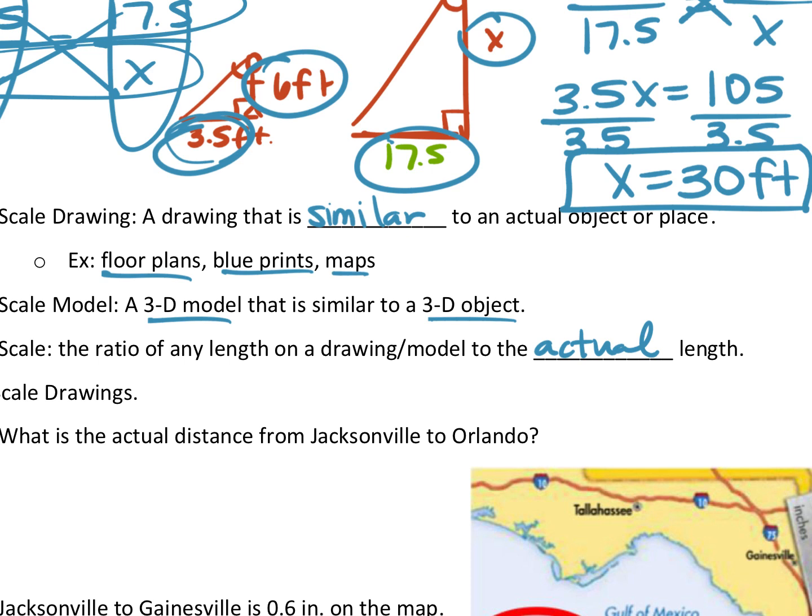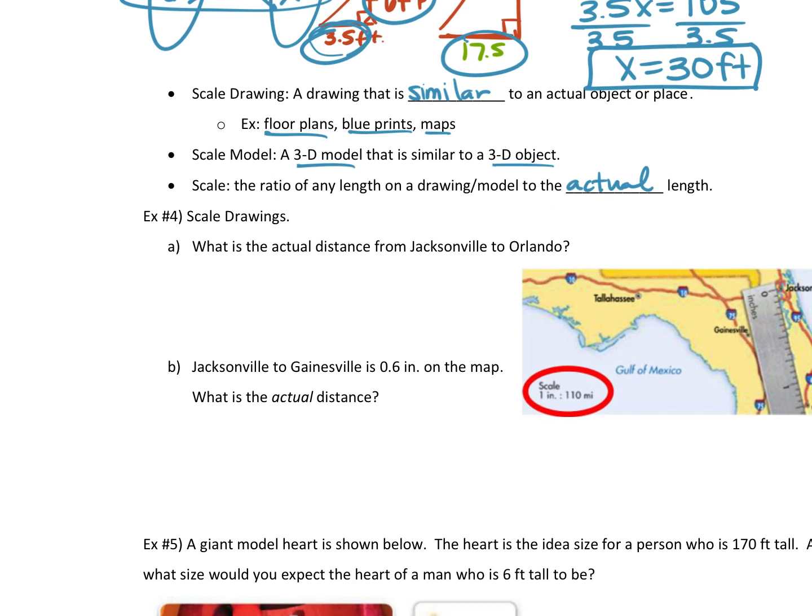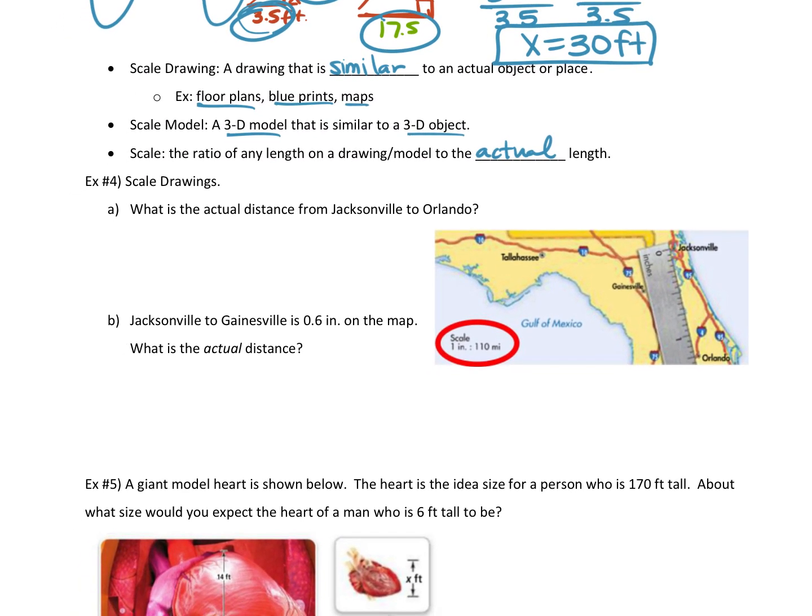Okay, so this is scale drawings. I'm going to do 3 little things with you here. Here's what's important. On a map, they'll always tell you what your scale is. So if you look here, it says 1 inch is 110 miles.